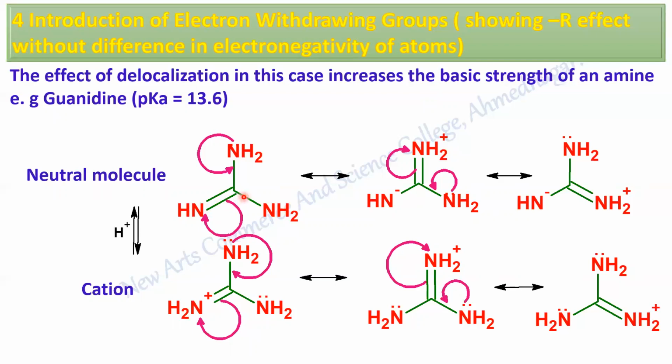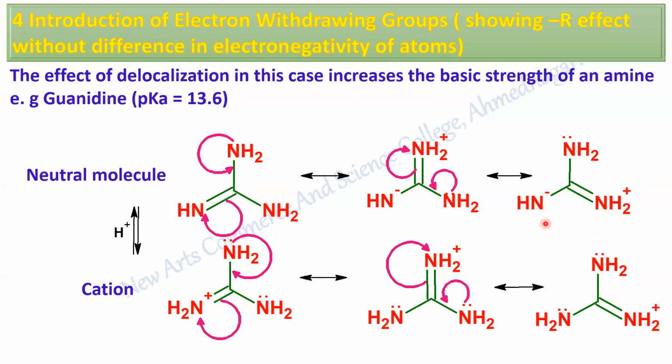The electrons present on this nitrogen undergo resonance, and now that negative charge is shared by another nitrogen atom. Again, the electron density on this nitrogen undergoes delocalization and neutralizes the positive charge on this nitrogen.